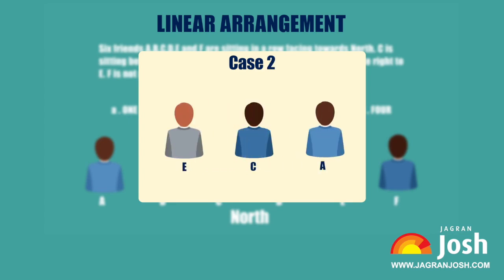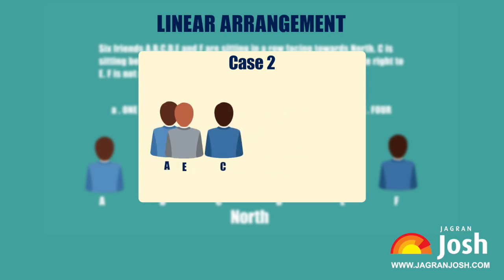E, C, A. However, we still cannot fix a place for them on the above grid. D cannot be at either of the ends. Also, B is sitting to the immediate right of E. Hence, case 2 above is discarded and we will have the following arrangement.